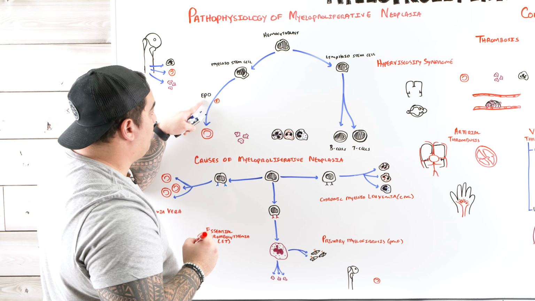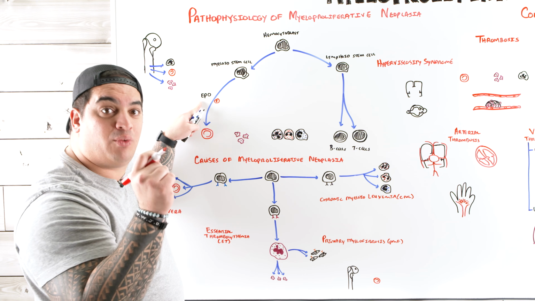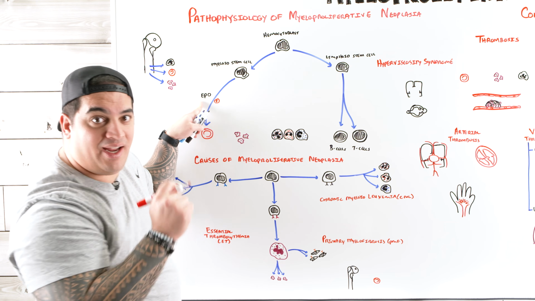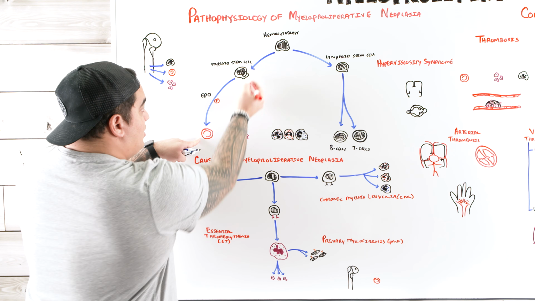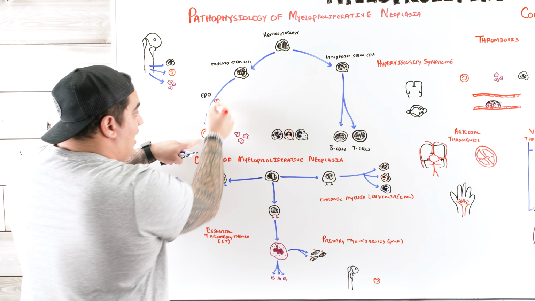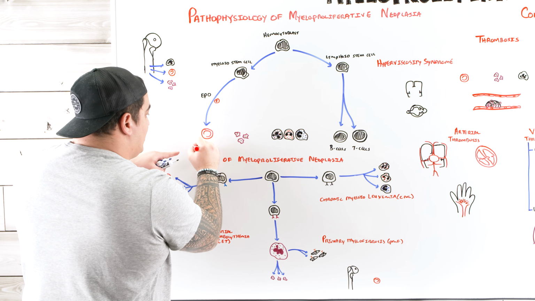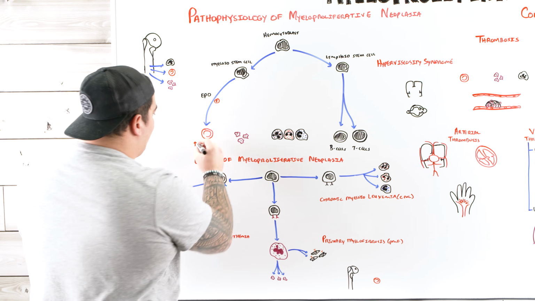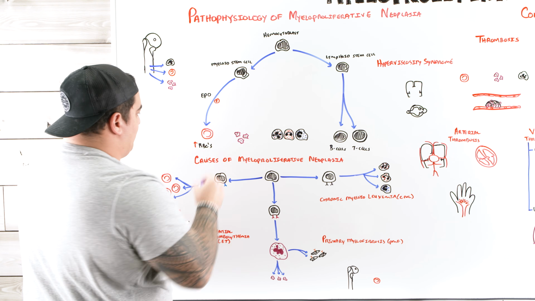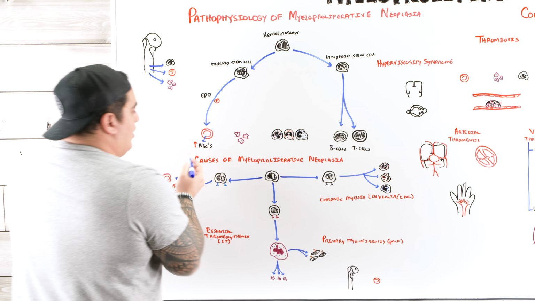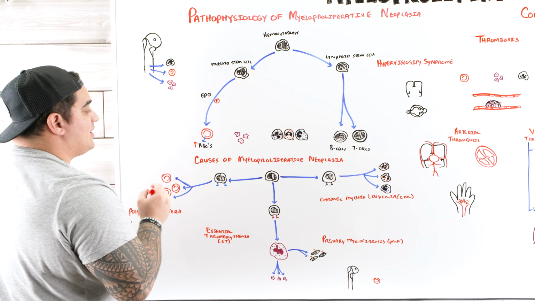So if you have lots of EPO, or you have the receptor being auto-activated, it'll increase the production of red blood cells. And so in these patients, let's say that they have lots of myeloid stem cells making lots of red blood cells. When you have lots of red blood cells, we give that a very specific type of name. There's a disease called Polycythemia Vera.